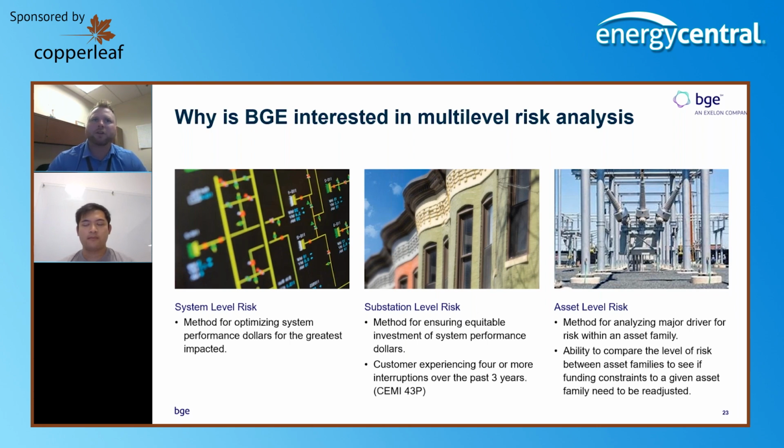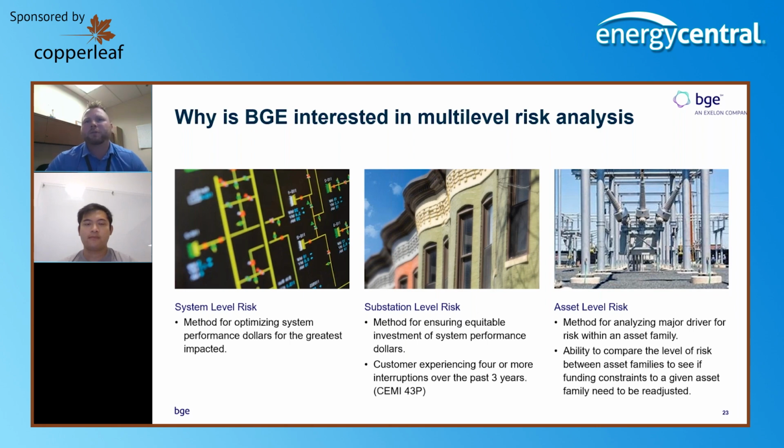This is looking across all your assets, understanding the age, the consequence of failure, and what your investment plan looks like. If you follow this investment plan, you're going to be able to mitigate a certain amount of risk, and you're going to be left with this level of risk across your entire system. And then the next step down from that, where we started asking how asset replacement programs versus full substations play into this, is looking at substation level risk.